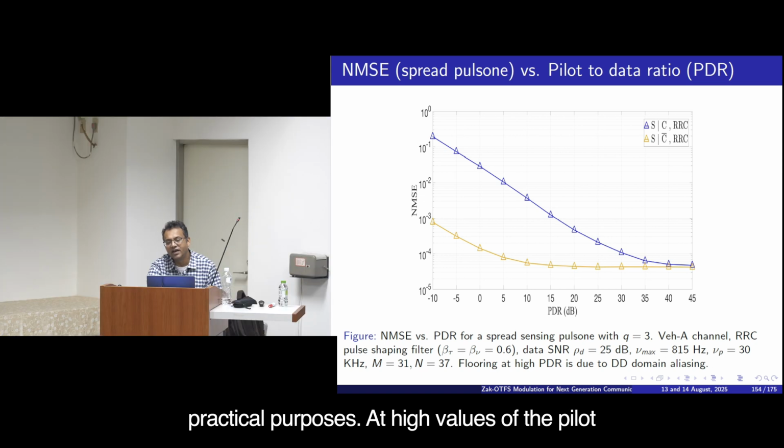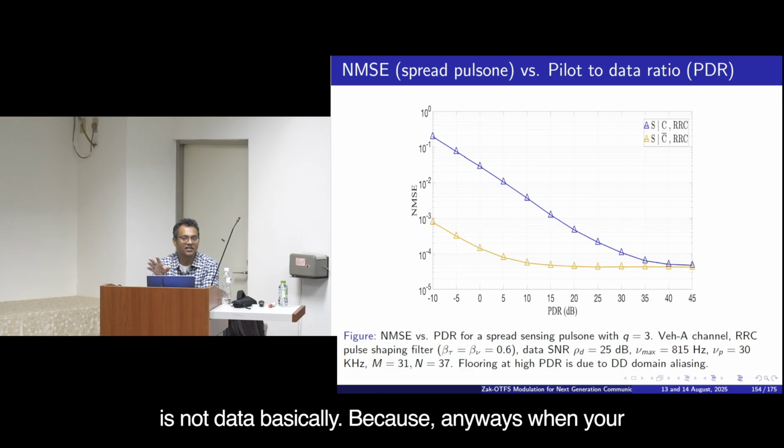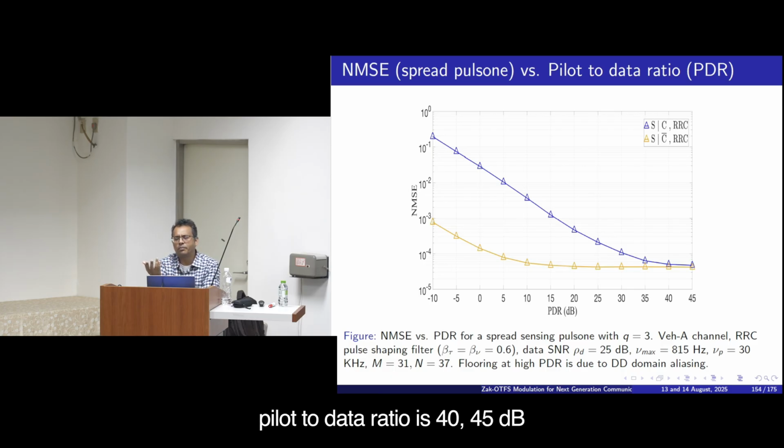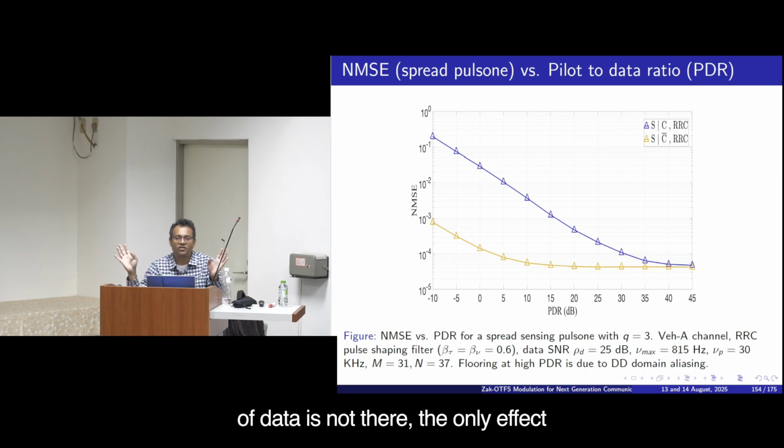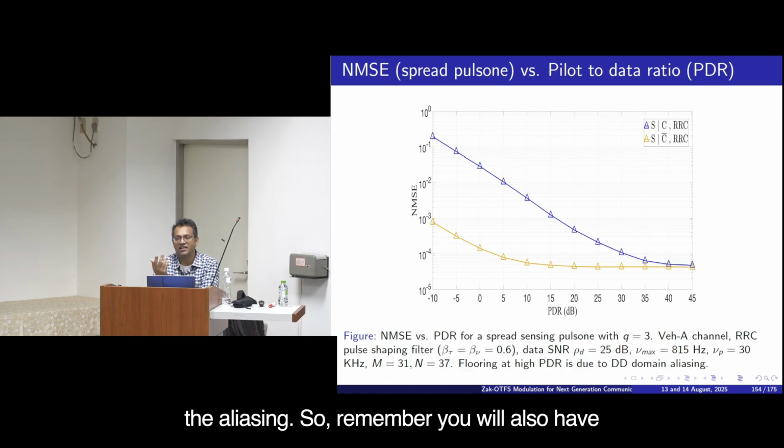At high values of the pilot to data ratio, both of them are flooring and they have the same value, which means that there is some effect which is not data, because when your pilot to data ratio is 40-45 dB, the effect of data is almost absent. The only effect that is happening in this case is the aliasing.